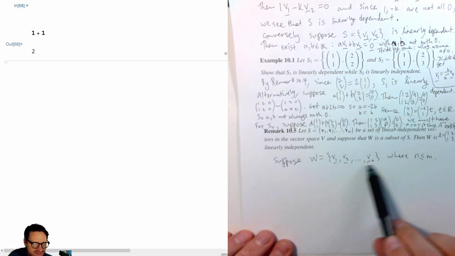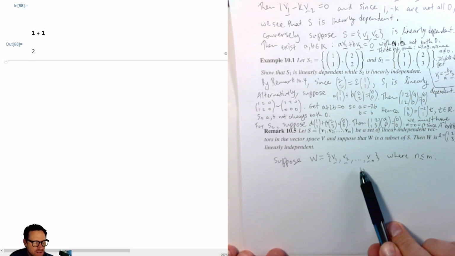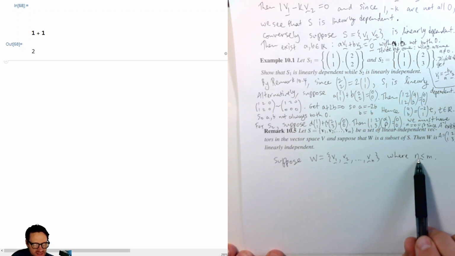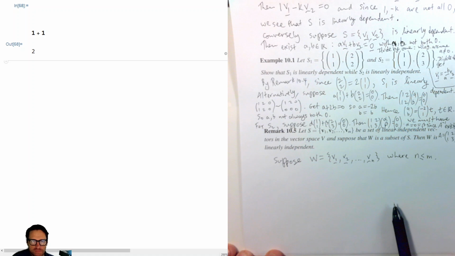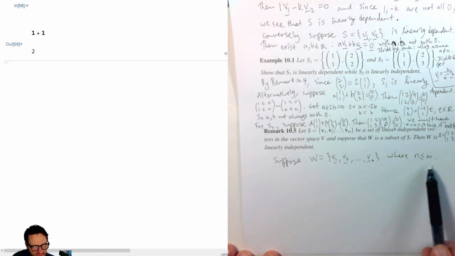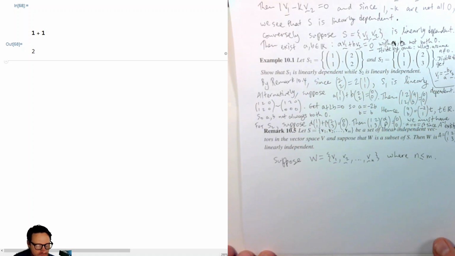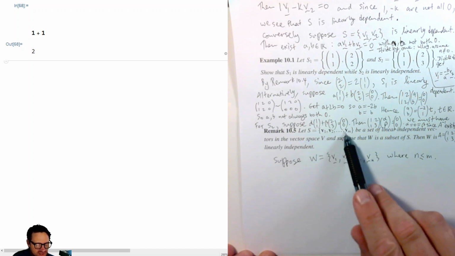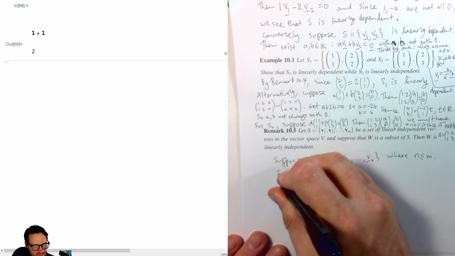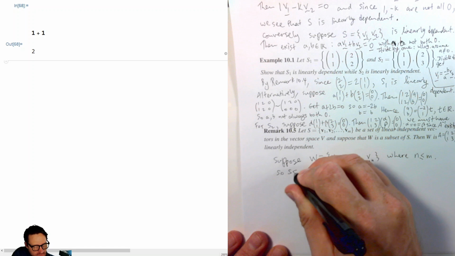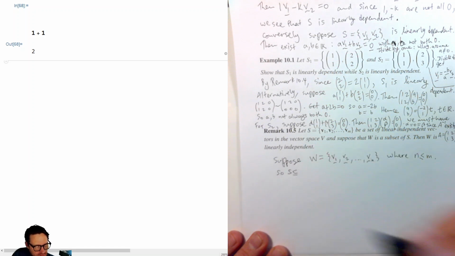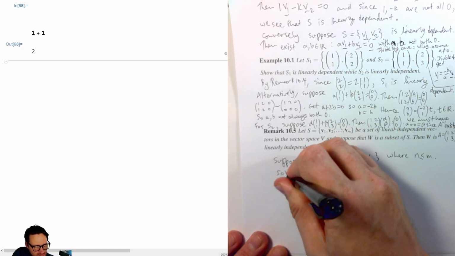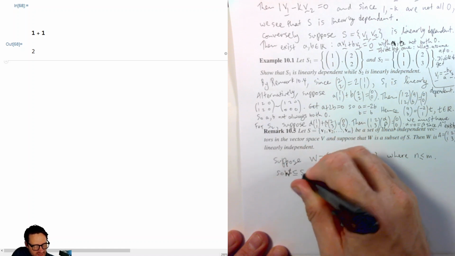So that would make this a subset, and a proper subset if n is strictly less than m. Could be the same, of course. Okay, so we have a subset of S. Whoops, other way around. W is a subset of S.